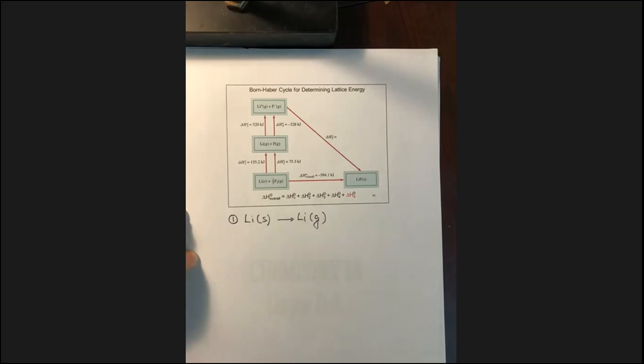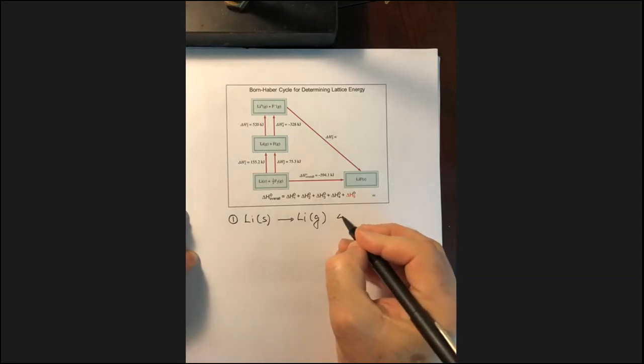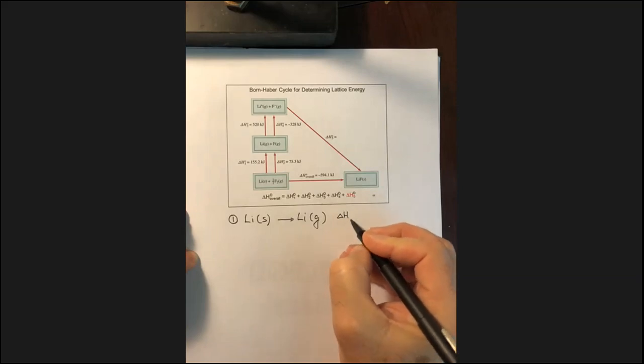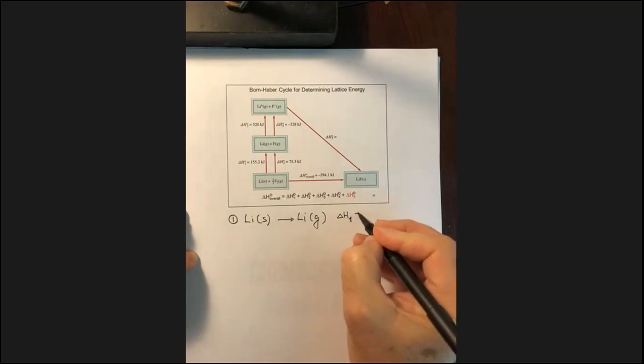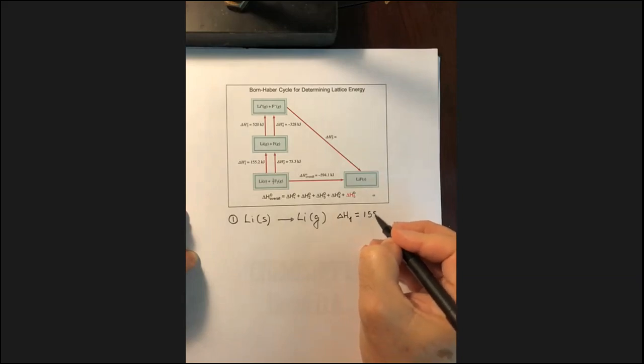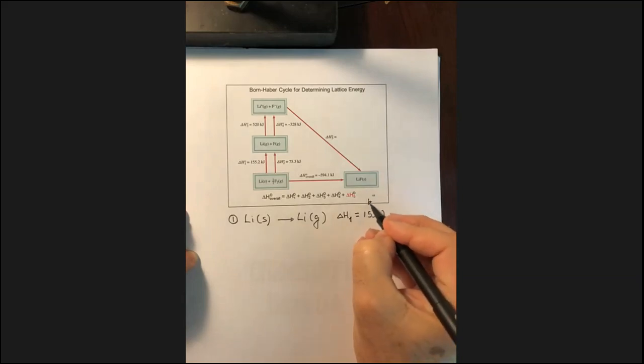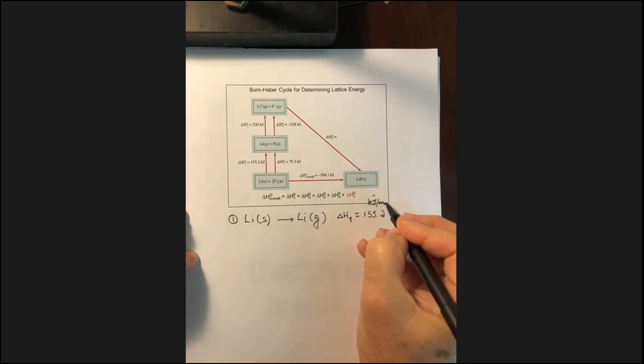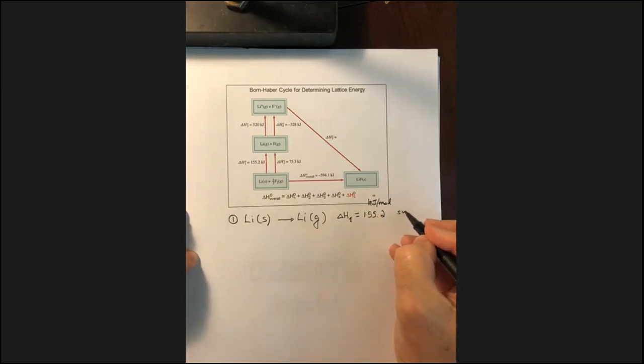Now, actually, because this is a solid to gas transition, we don't call it vaporization, right? We actually call it sublimation. So this would be the delta H1, and we know that its value is 155.2. We're going to put all these in kilojoules per mole. And this is essentially sublimation.